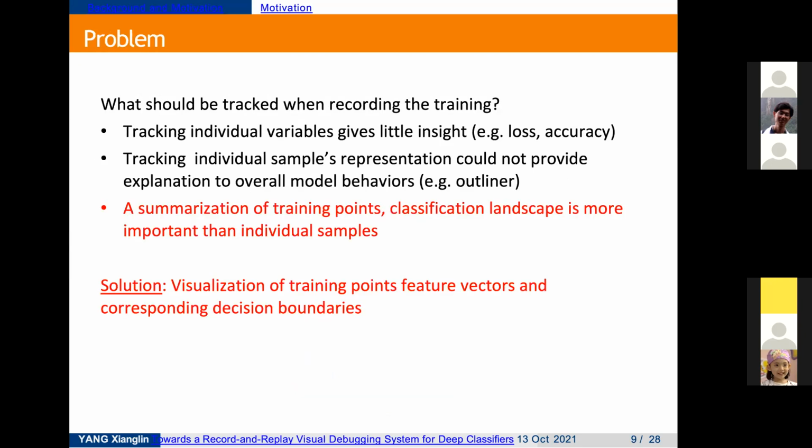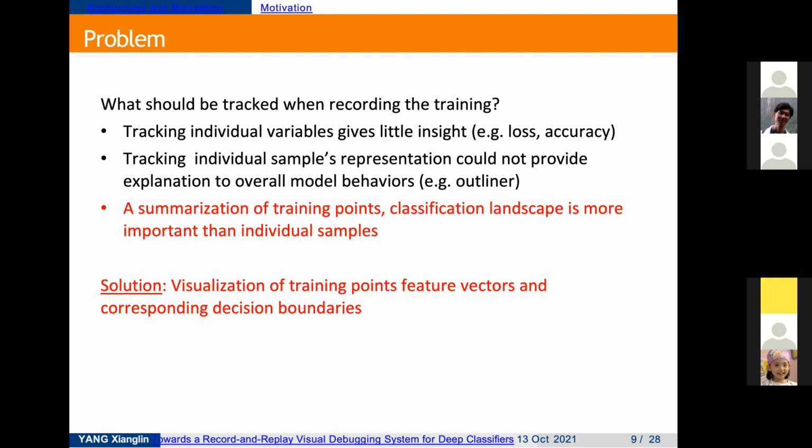But then another problem is what should be checked when recording the training process? Someone may say checking some individual variables like loss or accuracy, but that gives us little insight.